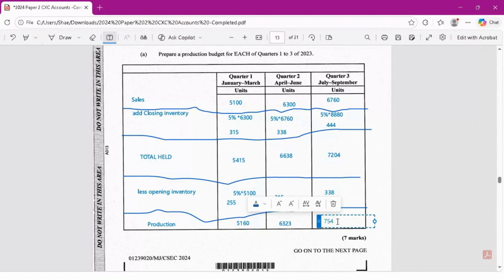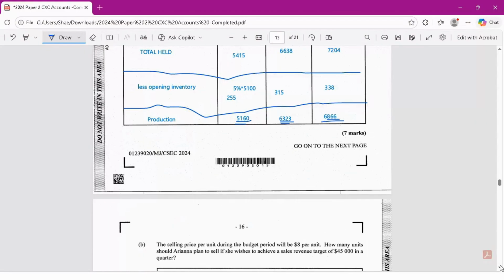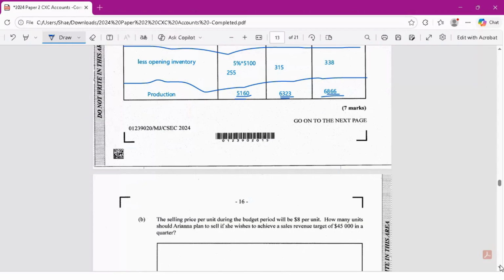So this is your answer. And you double underline these items to show that you have completed or you found the answer. And that is your answer there.